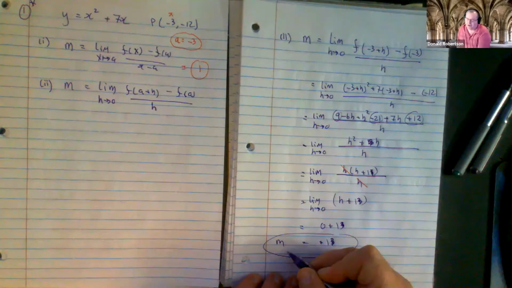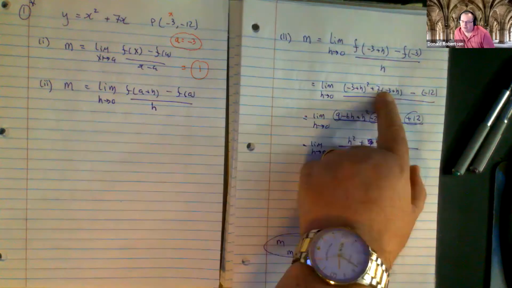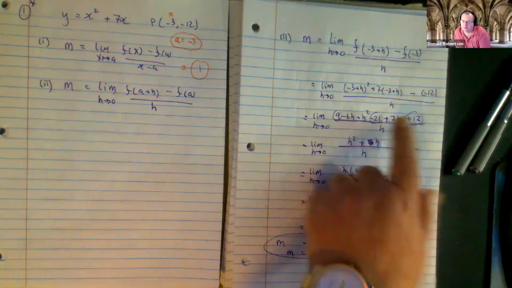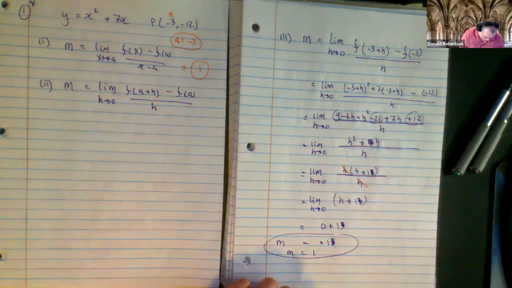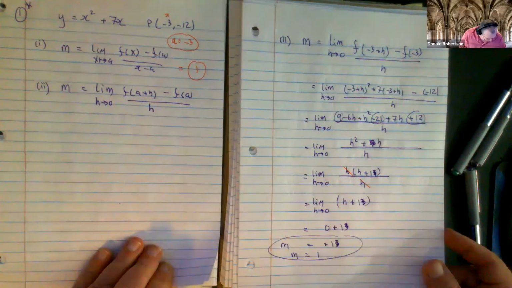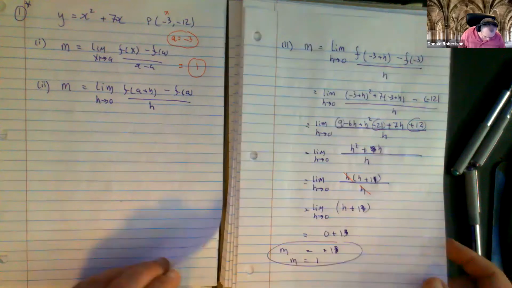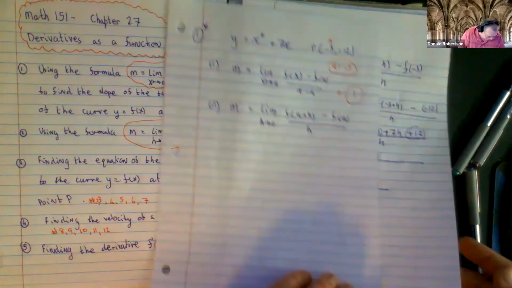So now it works. 7 times h is 7h. Don't know where my negative came from. So we have two distinctly different methods for finding slopes of tangent lines. So far so good.